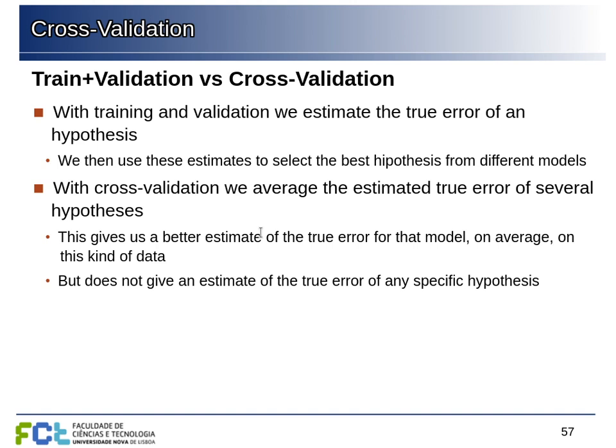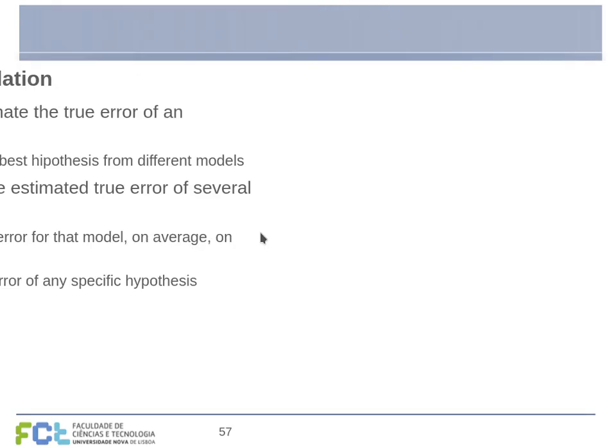And this average gives us a better estimate for that model, for how that model will generally perform on this data. It does not give us the estimate of any specific hypothesis, and we then have to train the model again in order to find the best hypothesis. But cross-validation tends to perform better than simply splitting into training and validation.